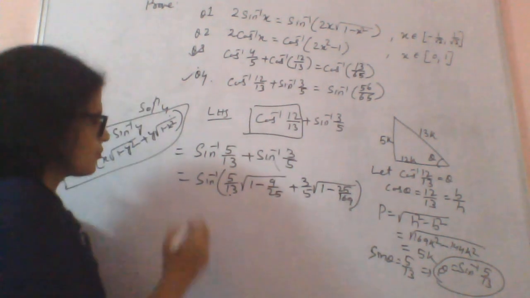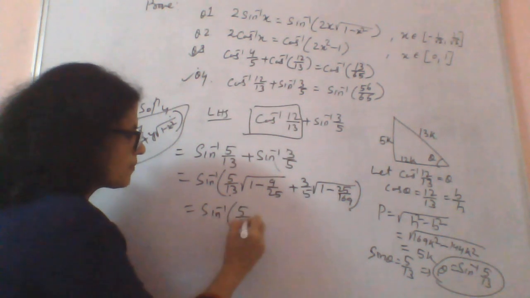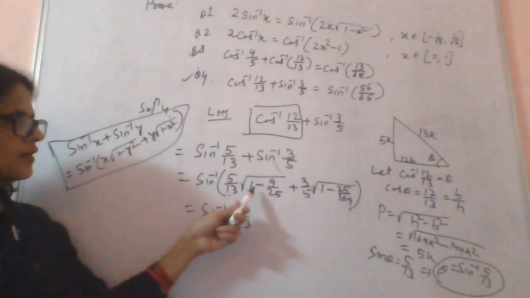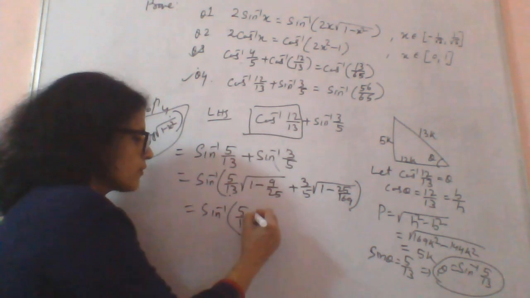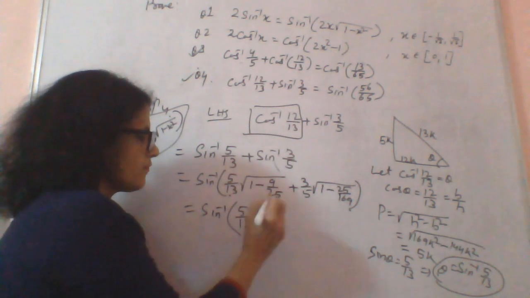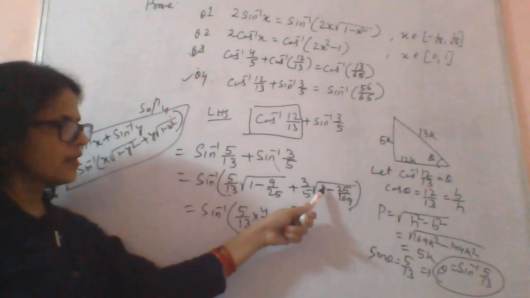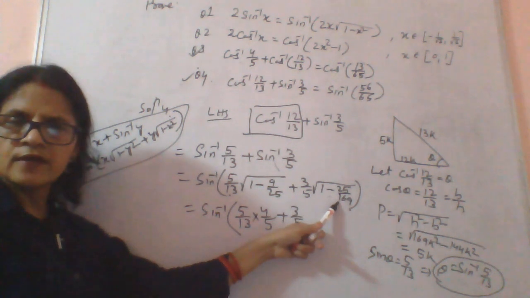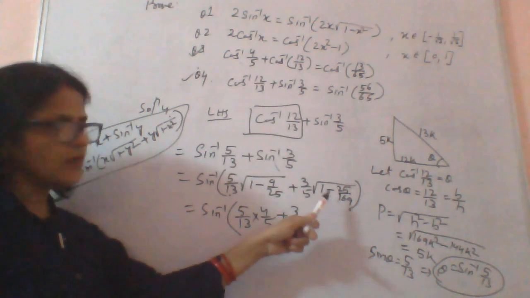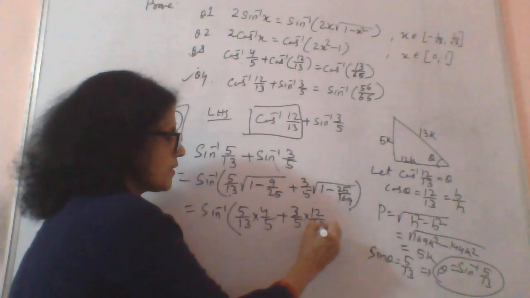Okay, so next step is sine inverse 5 by 13. Here it is 16 by 25. Take the square root, this will become 4 by 5 plus 3 by 5. Now this will come 144 by 169. Take the square root, what will it be? 12 by 13. So it is 12 by 13.